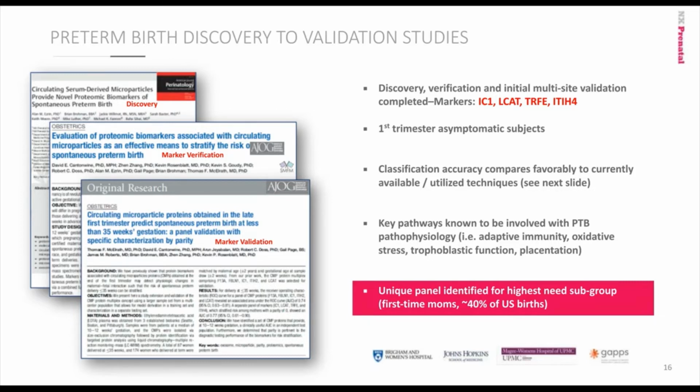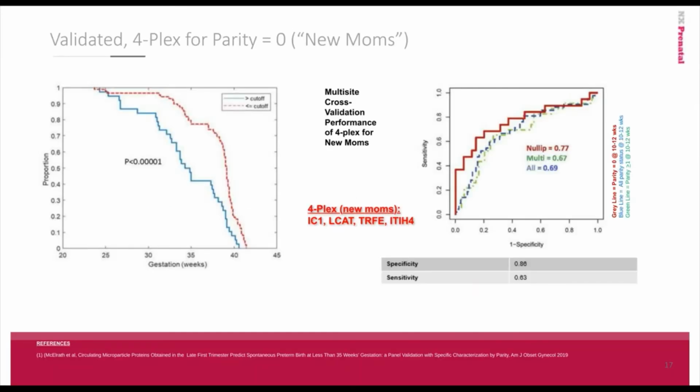That panel classifies specifically first-time mothers, which are an important unmet clinical need, because there are no known markers for that subgroup, and I can get to that in a moment.